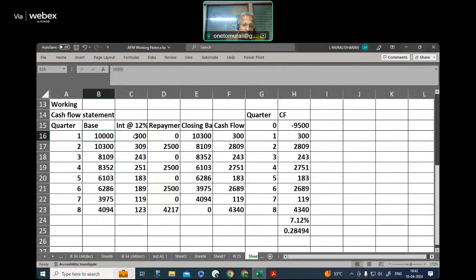I am just doing it. 10,300, repayment is nothing. 10,300 being the opening, you calculate interest on interest. So in fact, I think I've done right, 12% divided by 4, so it is 3% only I've done.